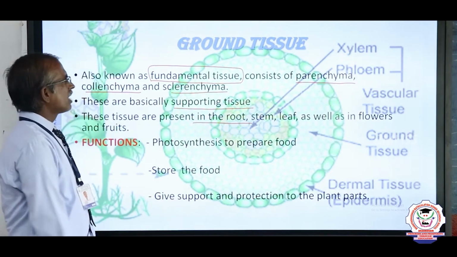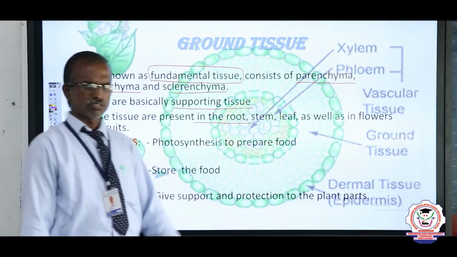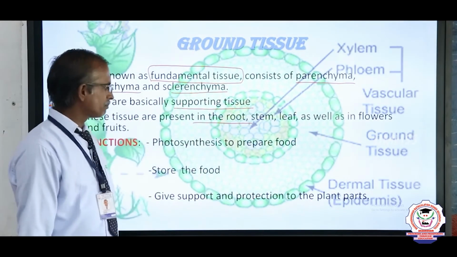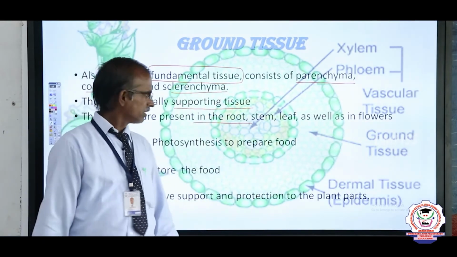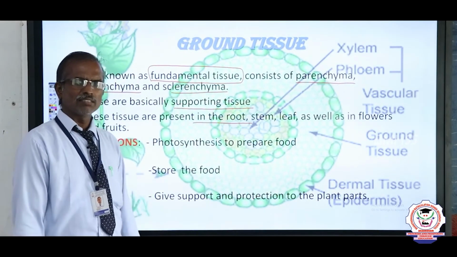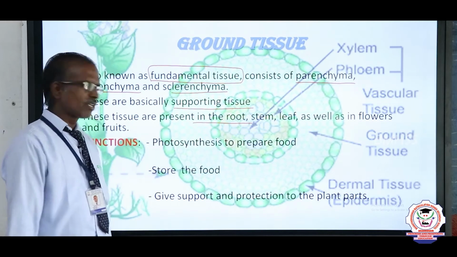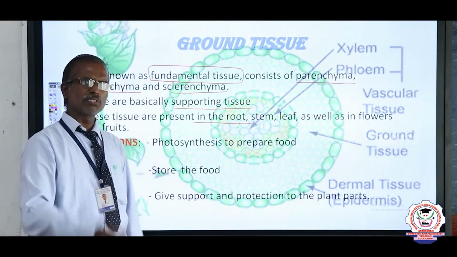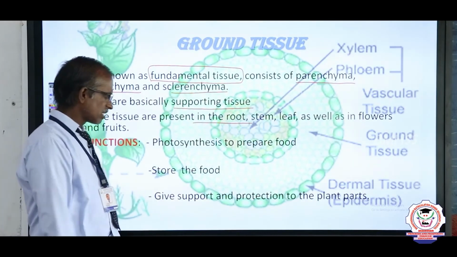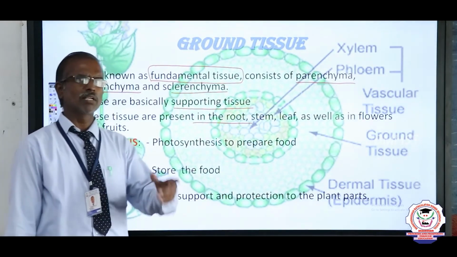Now, what is the function of ground tissue? The ground tissue is very important. Its function is to carry out photosynthesis, to prepare the food material, to manufacture starch, and to store the food material. The next is to give support and protection to the plant.